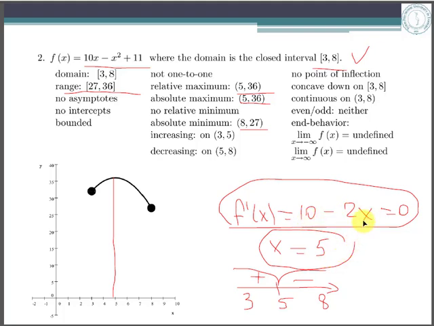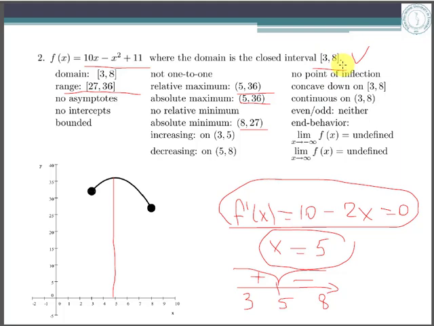So it moves from plus to minus. That's why this is the maximum of our function, a relative maximum, and it will also be the absolute maximum because we considered it on our closed interval 3 and 8.